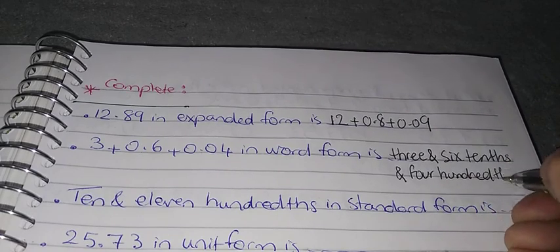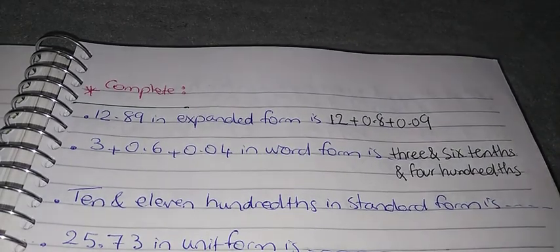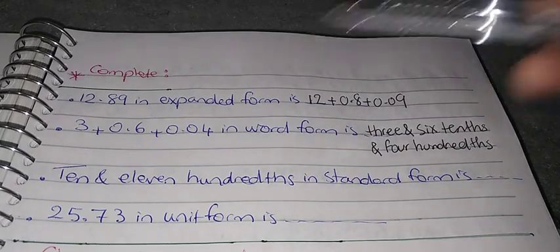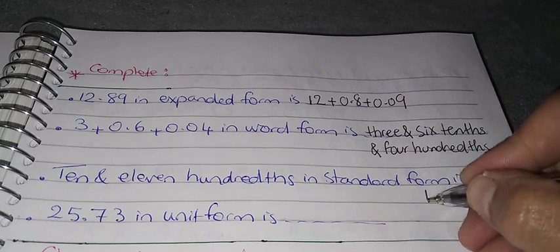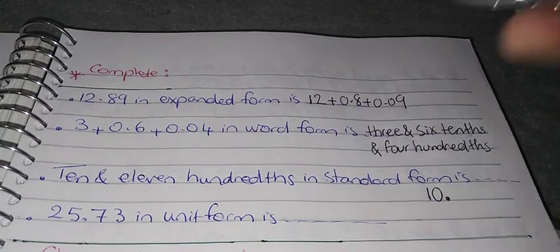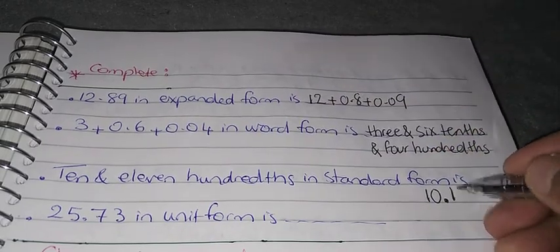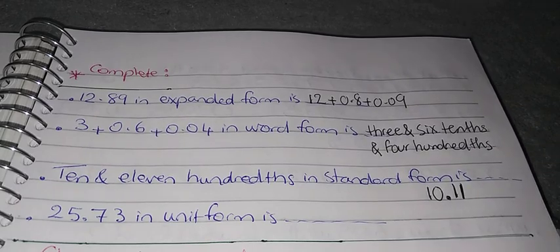Okay. 10 and 11 hundredths in the standard form. So it is 10 point 11 hundredths. So it is 11 like this, 11 hundredths.